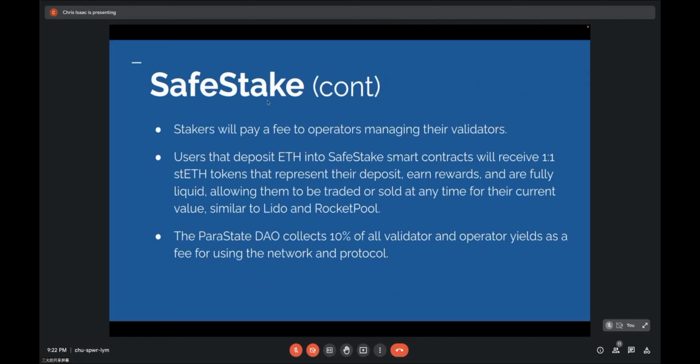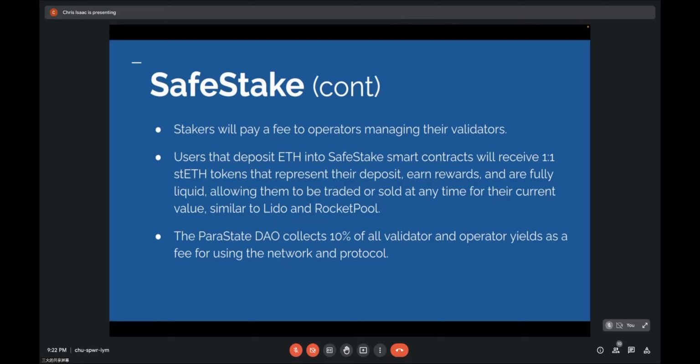In our model, stakers, people who deposit ETH and run a validator, pay a fee to operators that manage those validators on their behalf. And when you deposit into our smart contracts, you also receive the staked ETH token at a 1-to-1 ratio.